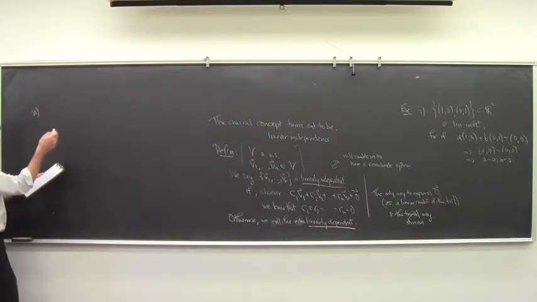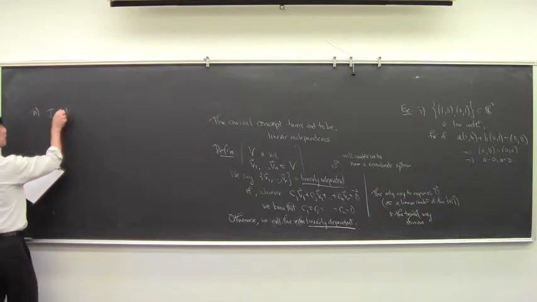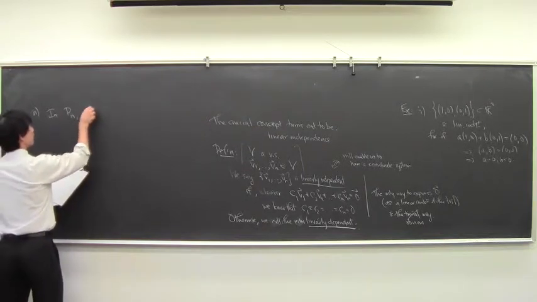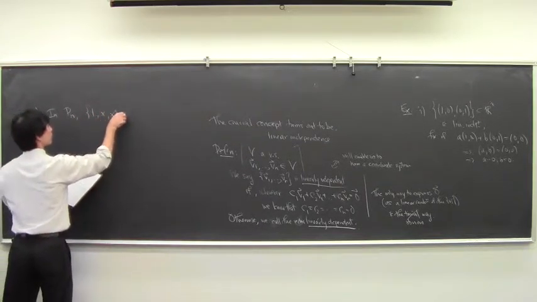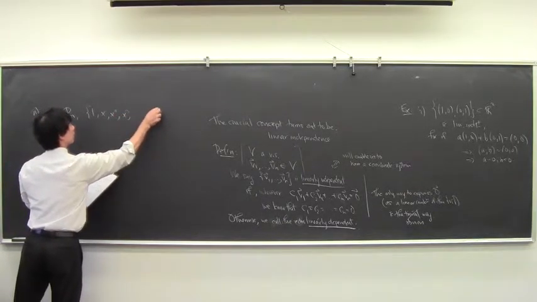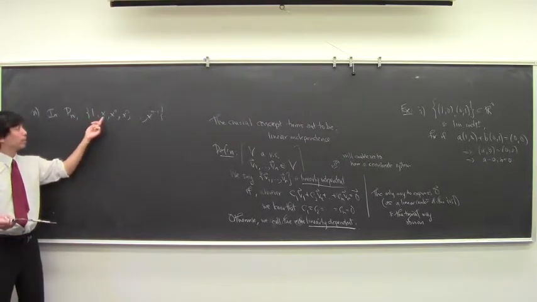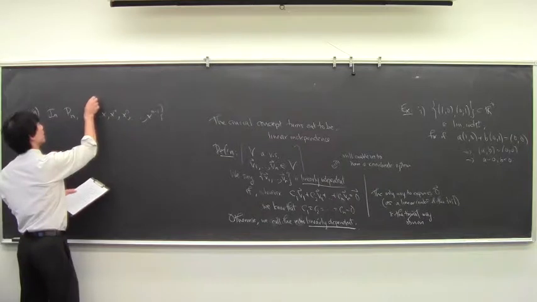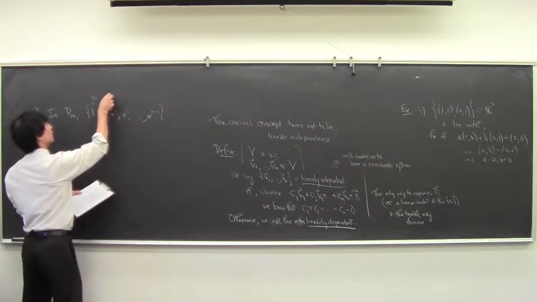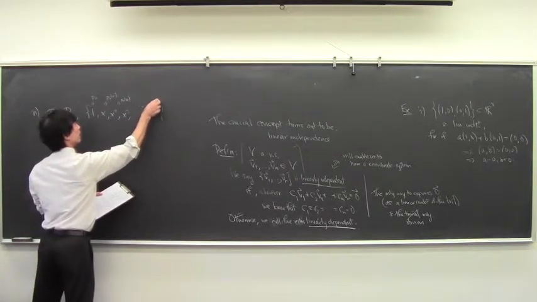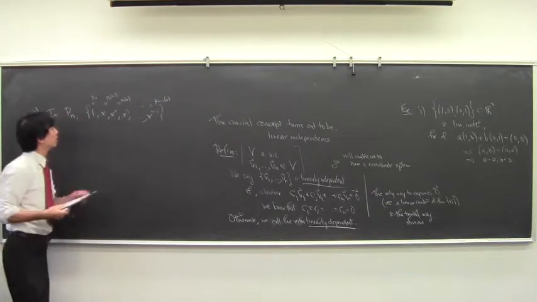Another example, more abstract. If we're looking at the polynomials of degree less than n, and we look at these polynomials, here's a bunch of vectors in our space: the function that takes 1 everywhere, p(x) = x, and so on. We can call these p0, p1, p2, up to p_{n-1}.